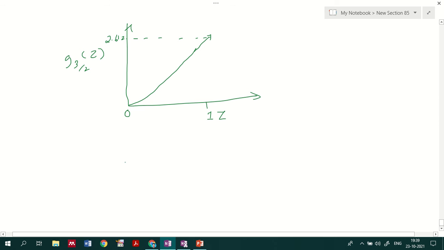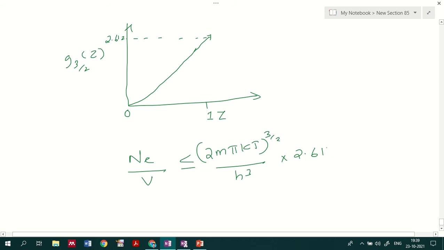Now we say that at lower temperature Ne/V is approximately equal to (2 pi mkT) raised to 3/2 divided by h cubed, into 2.612. That is the maximum possible value.